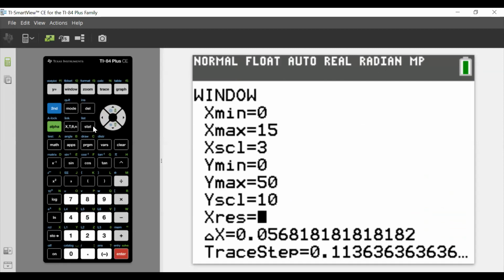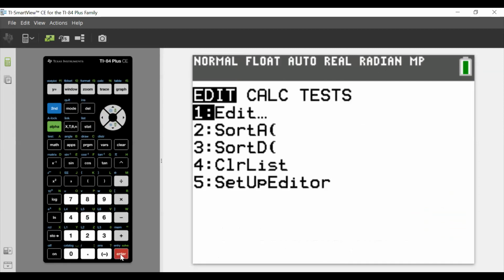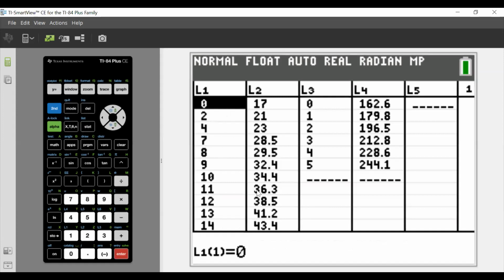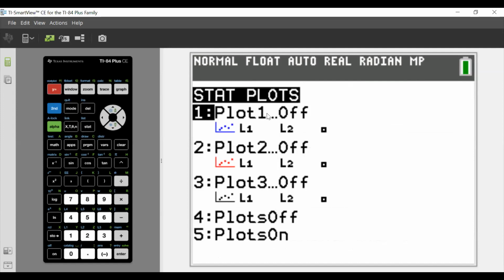And so now what we need to do is put our data in. Because there's so much data, I went ahead and typed it in early so we wouldn't have to worry about it. I have my X's in L1 and my Y's in L2. Now we need to see, does it look linear? We go to second stat plot and turn on our plot, because we have it turned off.